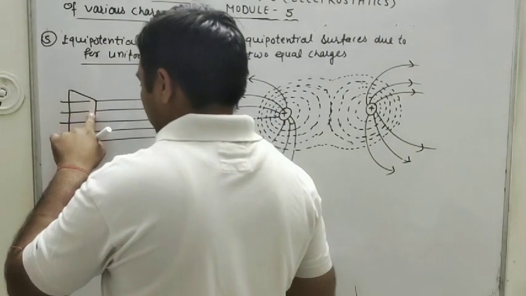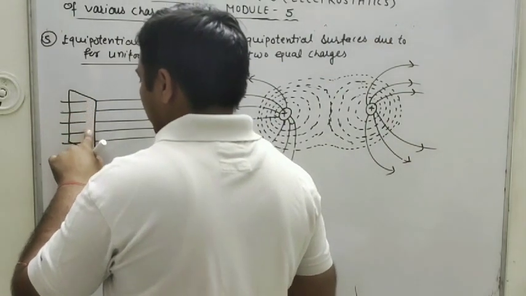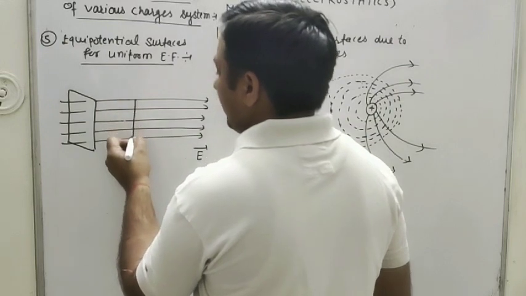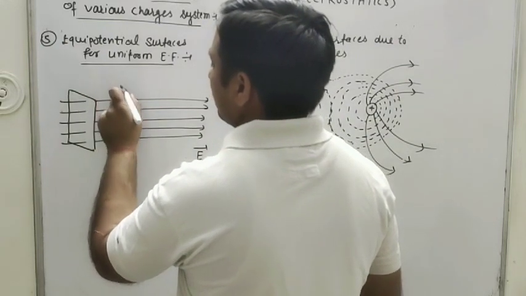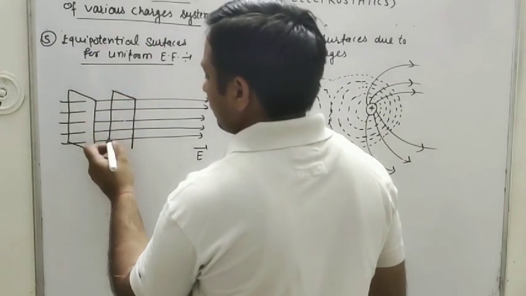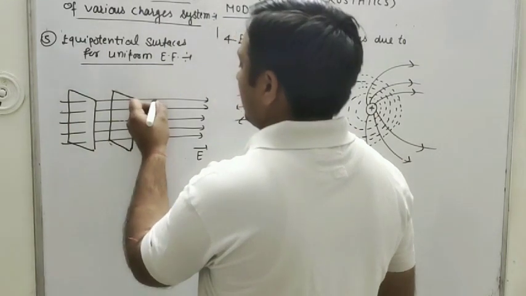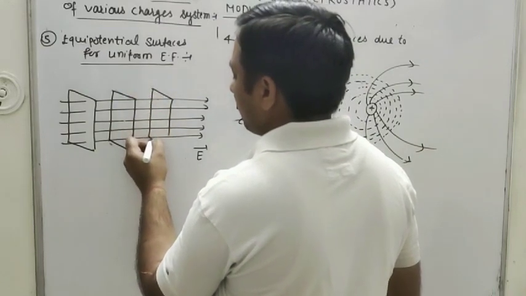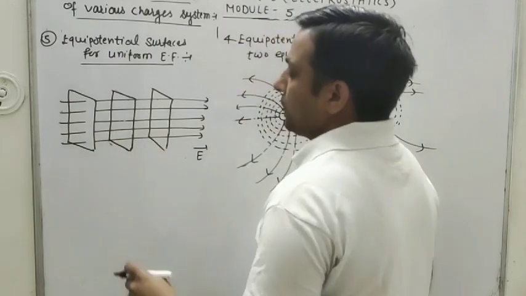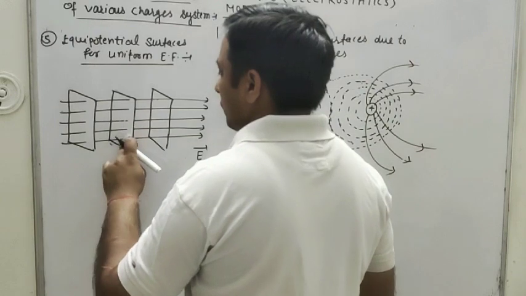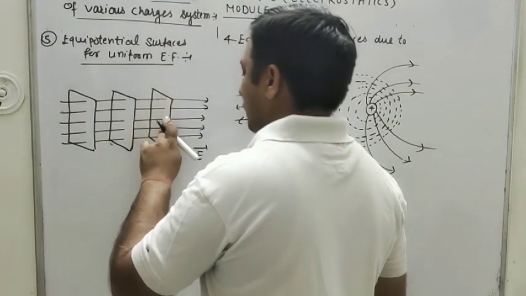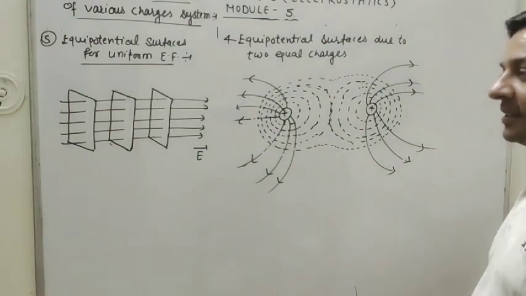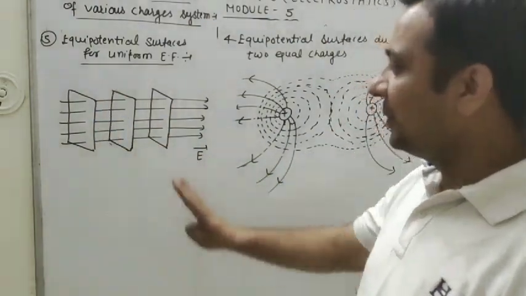From here, another I will draw. So dear students, they are perpendicular, normal to the electric field lines.